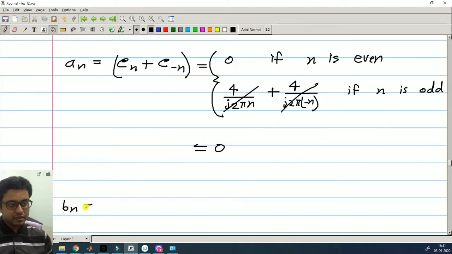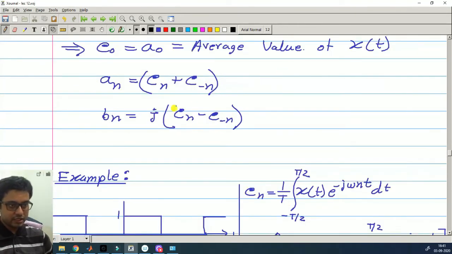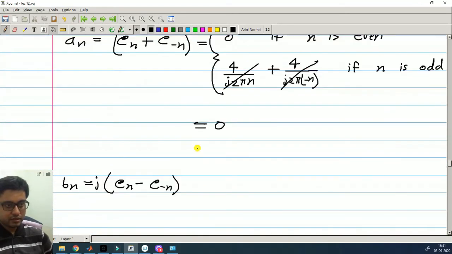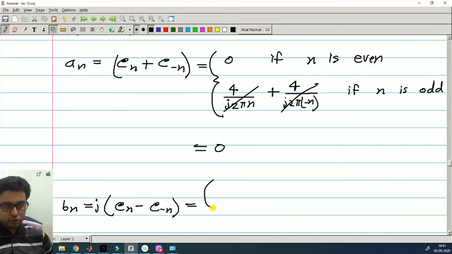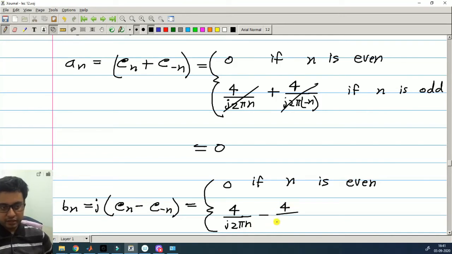And now bn is Cn minus C minus n with a j, you can see it here, and now this will be equal to 0 if n is even, because then Cn, C minus n both are 0, and otherwise we will have Cn, this 4 by j 2 pi n, then minus C minus n, which is 4 by j 2 pi minus n, with a j, if n is odd.